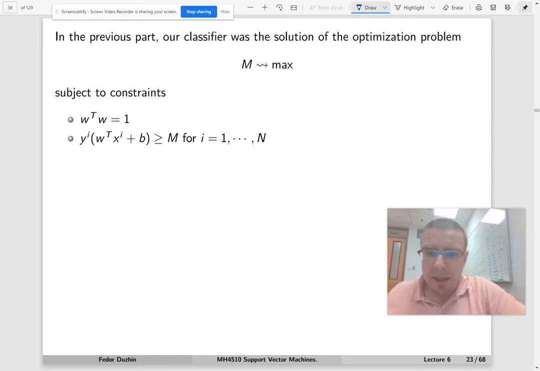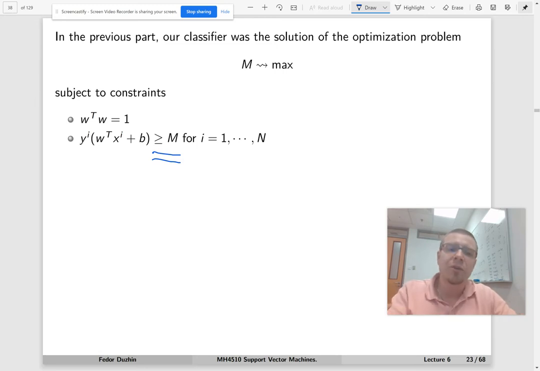In part 2 of the lecture, we defined this optimization problem. We maximized this number m such that all distances from all training points to our hyperplane are bigger than m. Now we know that this is actually the distance: Ri is the distance from our xi to our hyperplane.